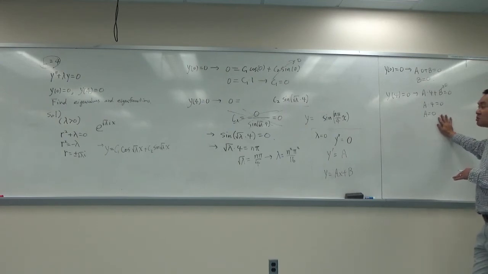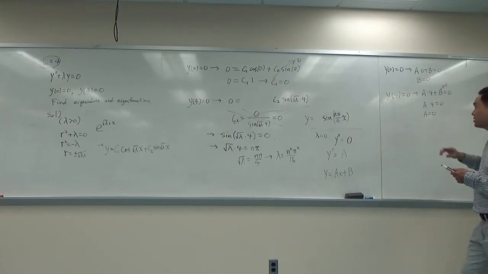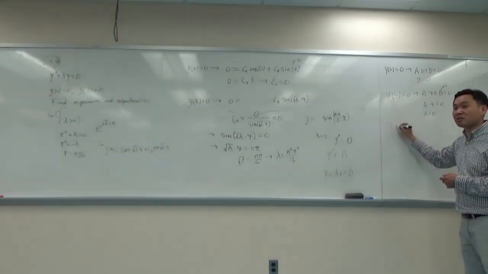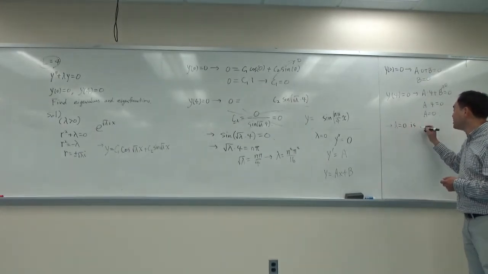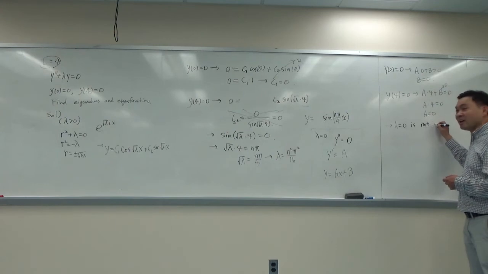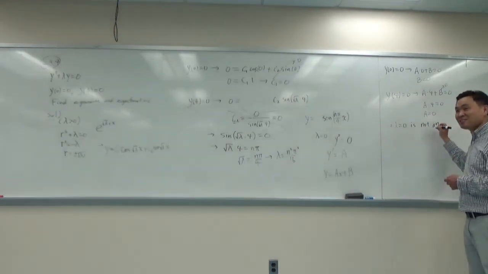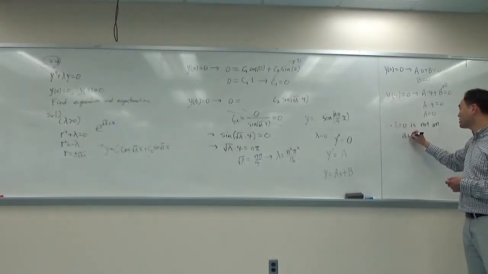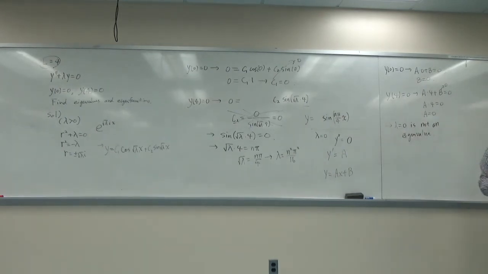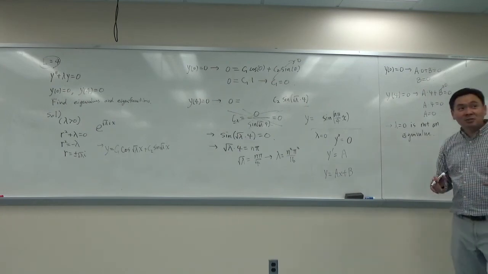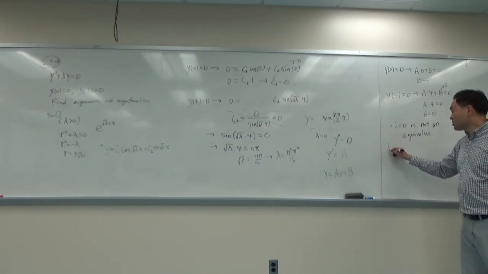So what does that mean? This means that lambda equal to 0 is not an eigenvalue. So there is no eigenvalue at lambda equal to 0. And then the last part will be lambda less than 0.